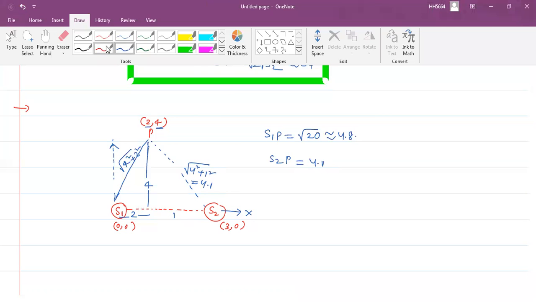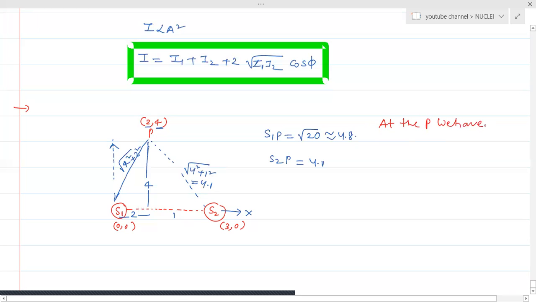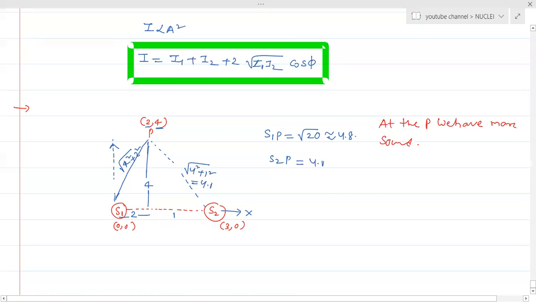Suppose the question is given like this. At P, when two sound waves are emitted from S1 and S2, if we have maximum sound, then whenever we have maximum sound, automatically we take the path difference.